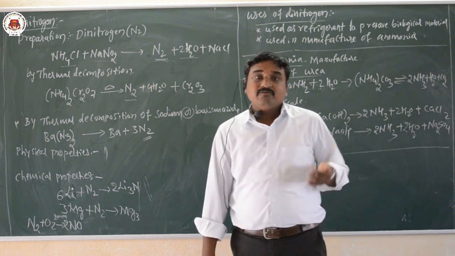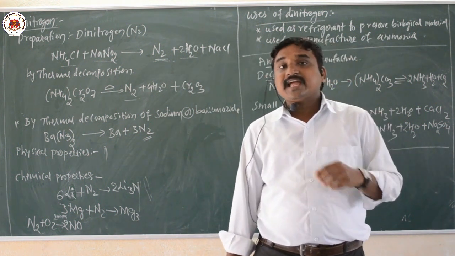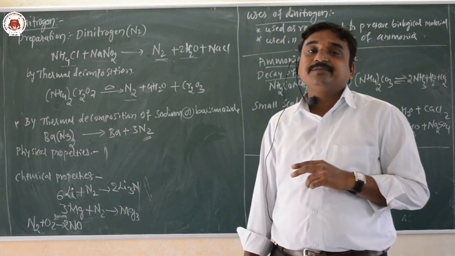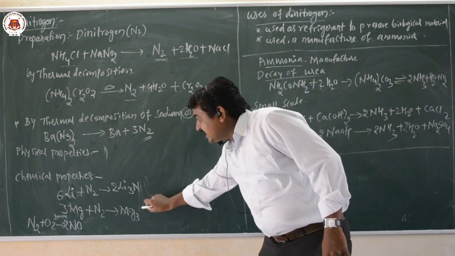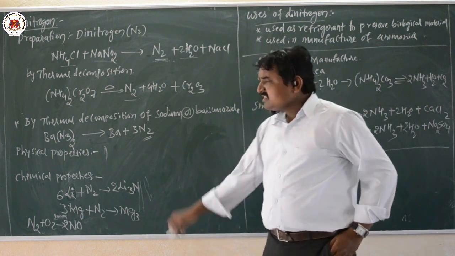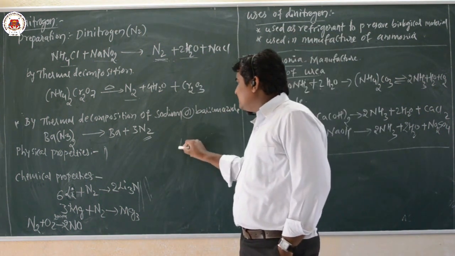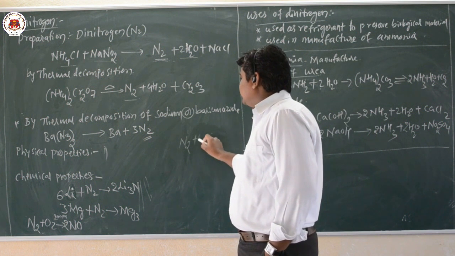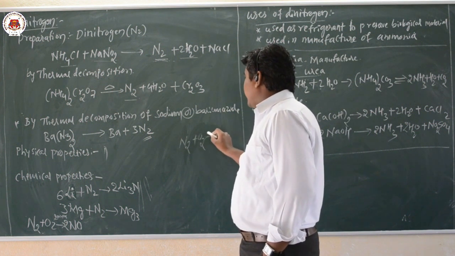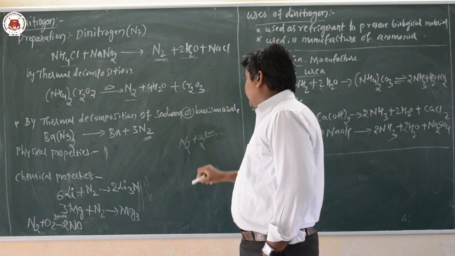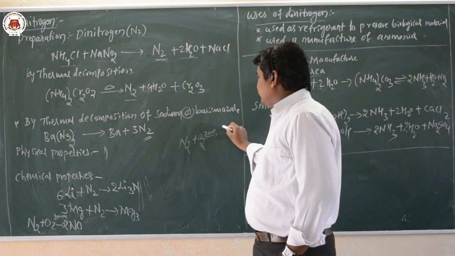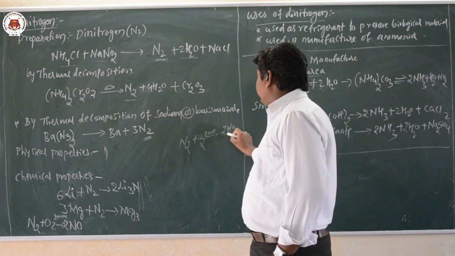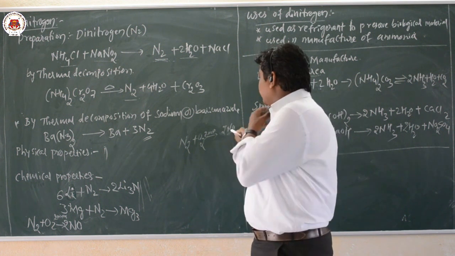As I told, when dinitrogen reacts with metals, there is a formation of ionic nitride, and these are the ionic nitrides, lithium and magnesium. One more example: dinitrogen reacts with dioxygen at around 2000 Kelvin temperature to give nitric oxide.